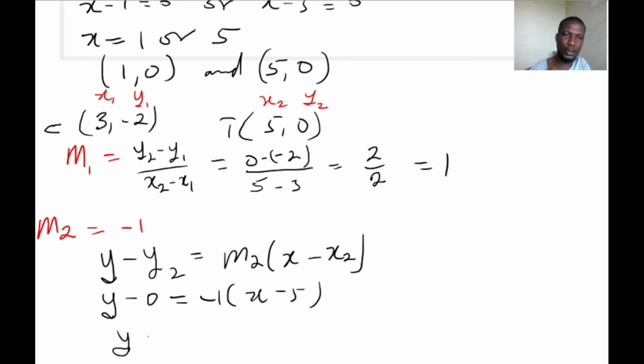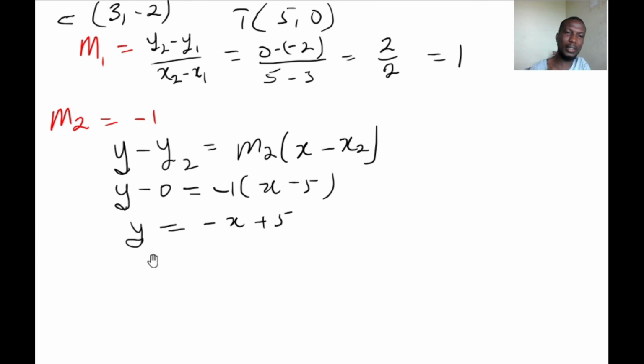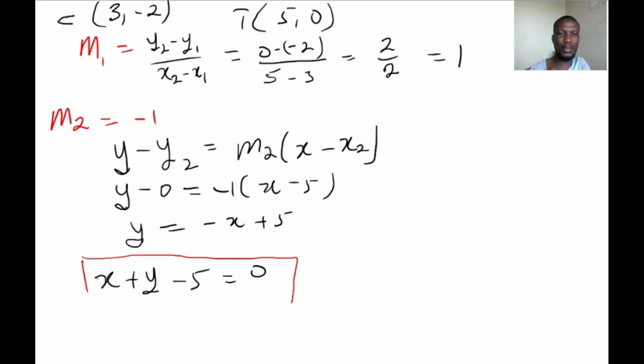So y will be equal to negative x plus 5. If I want to write the general equation of a line, then I'm going to have x plus y minus 5 equals 0. And this is the equation of the tangent to the circle.